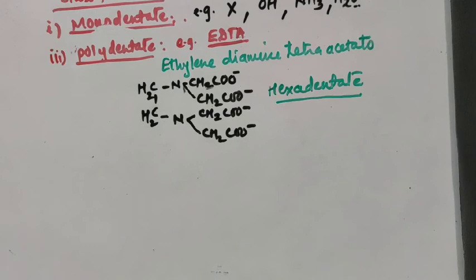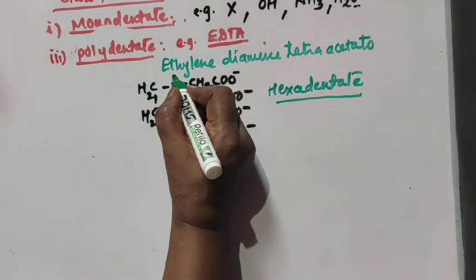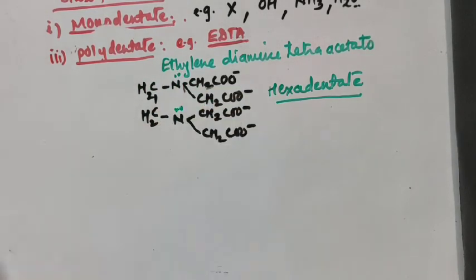Two nitrogens contain a lone pair of electrons, and the oxygen atoms carrying negative charge can also give a pair of electrons for the bond formation. They can form a coordinate bond with the central metal ion. So this is a hexadentate.